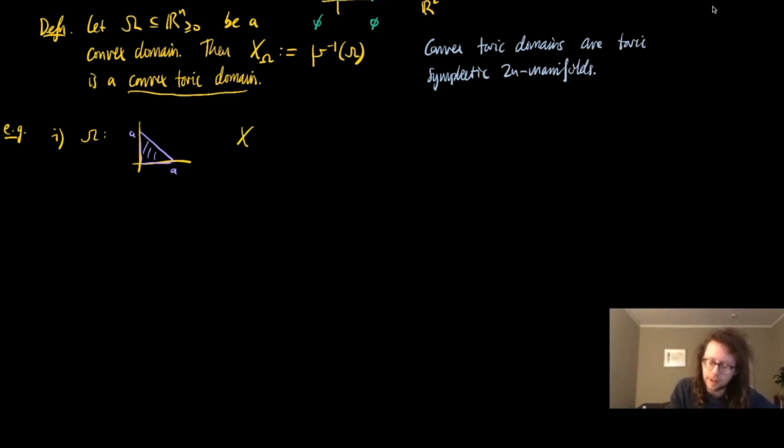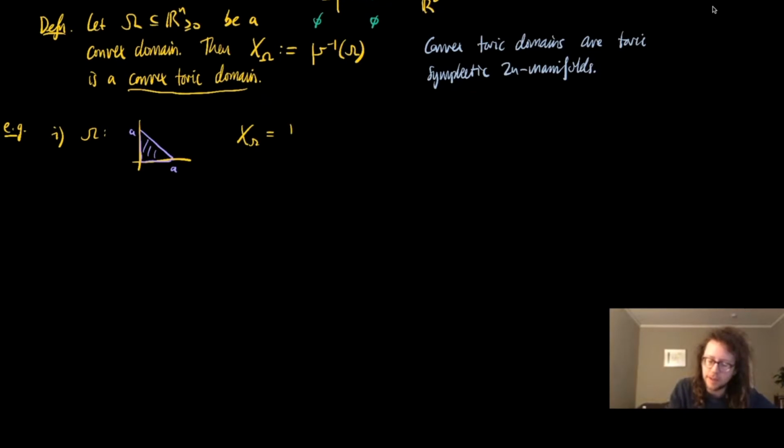then X_omega is what I'm going to denote E2NA. It's a ball of radius, with my kind of scaling convention, a over pi, but I'm going to ignore this pi factor and just call this B2NA.